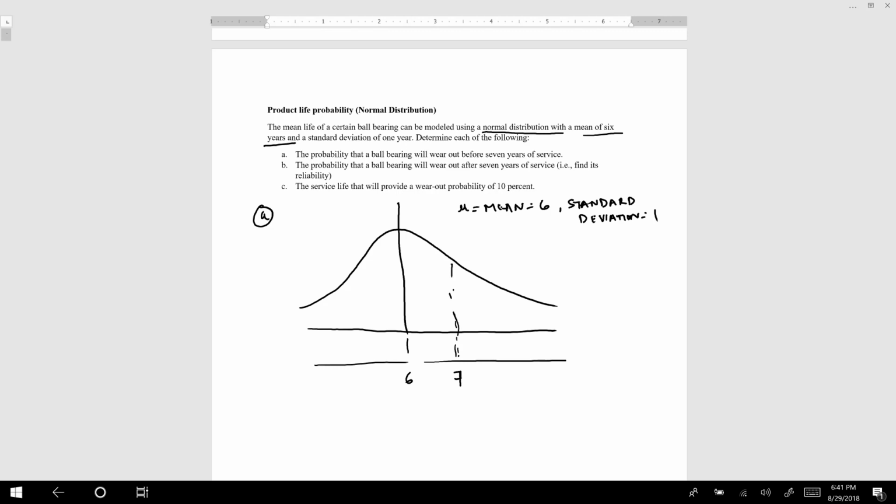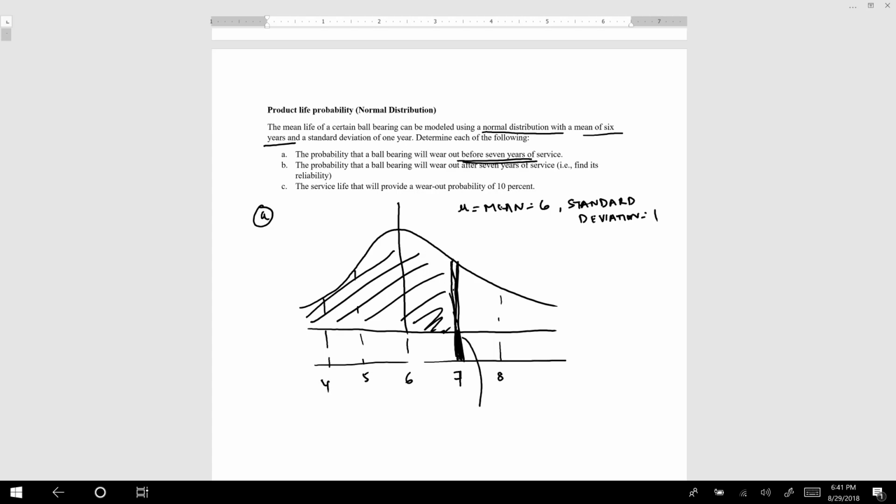If they ask you 2 standard deviations, this will be 8, and then this will be 5, this will be 4. That's the concept. But they are asking us before 7 years of time. So we are looking for an area to the left of this line, which is 7.